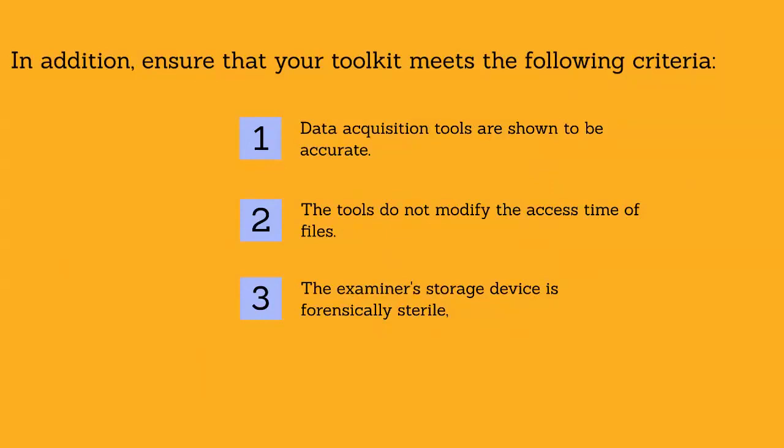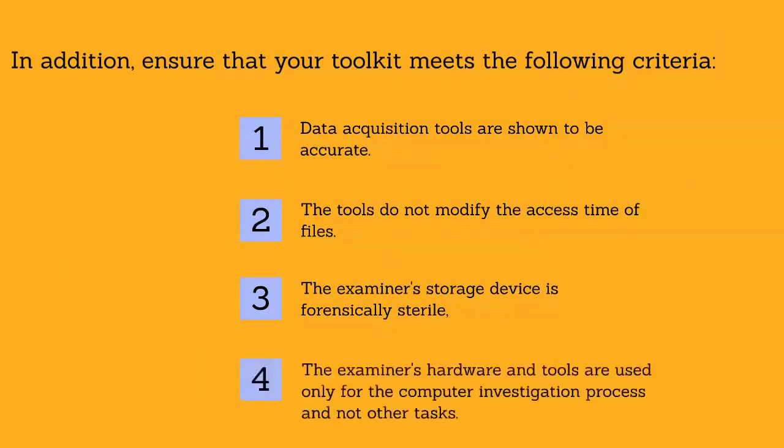You can determine whether a storage device is forensically sterile by running a checksum on the device. If the checksum returns all zero, it does not contain any data. The examiner's hardware and tools are used only for the computer investigation process and not other tasks.